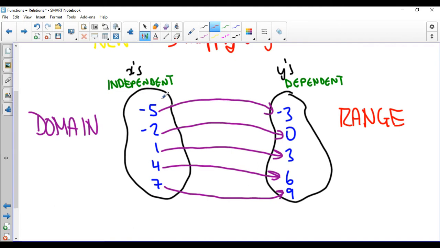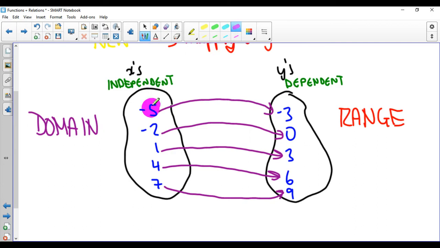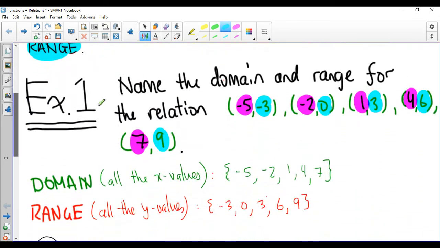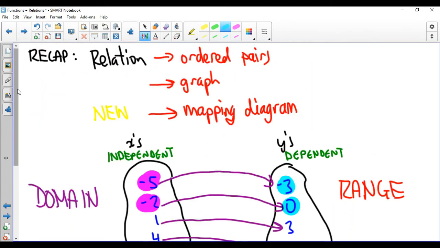So all we're showing here is that if I highlight, check it out, this x value of -5 gets mapped to a y value of -3. And then this x value of -2 gets mapped to a y value of 0. So if you've noticed, this mapping diagram is the same representation of these sets of ordered pairs and this graph.